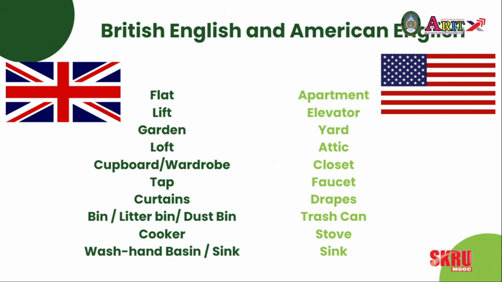In Britain, Americans will often call that a stove. And you might find the sink, a kitchen sink or bathroom sink. British people, particularly the bathroom one, may refer to it as a hand basin or wash hand basin. So those are a few little differences between words used in Britain and America to talk about your house.